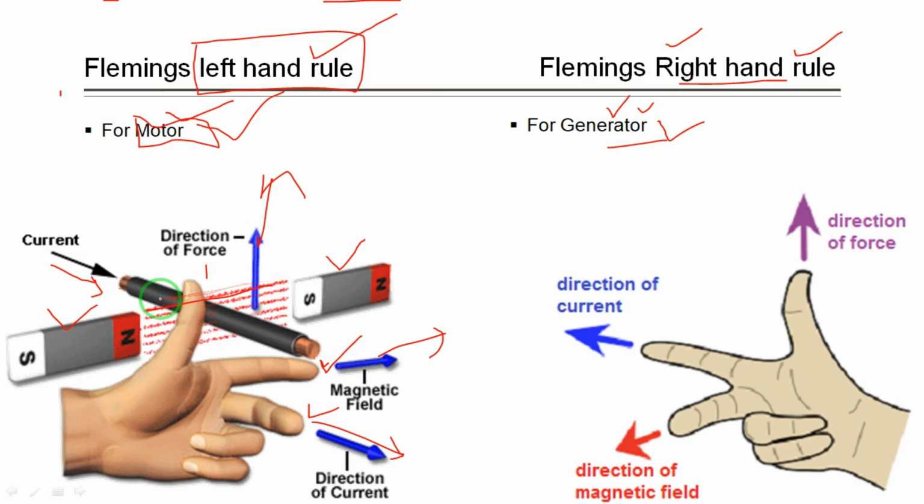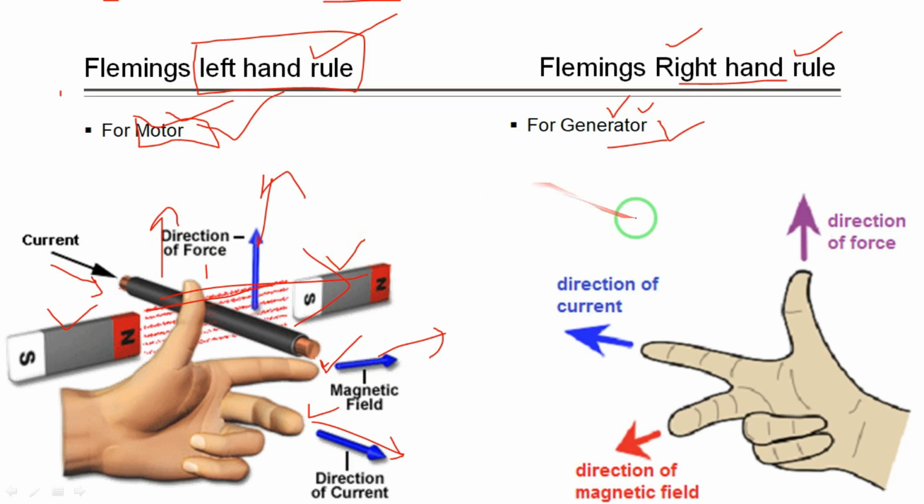So we already know the magnetic flux direction from left to right, indicated by the forefinger. Then the remaining finger, the thumb, indicates the direction of force. So this conductor will move from downwards to upwards. Is it clear? From this left hand rule, we can easily find the direction of the conductor's motion, whether upwards or downwards, clockwise or anti-clockwise.